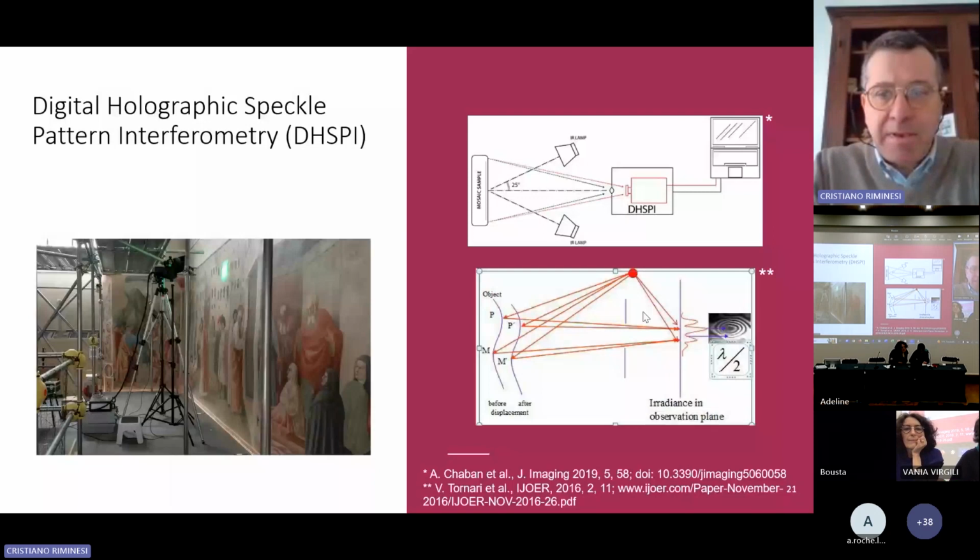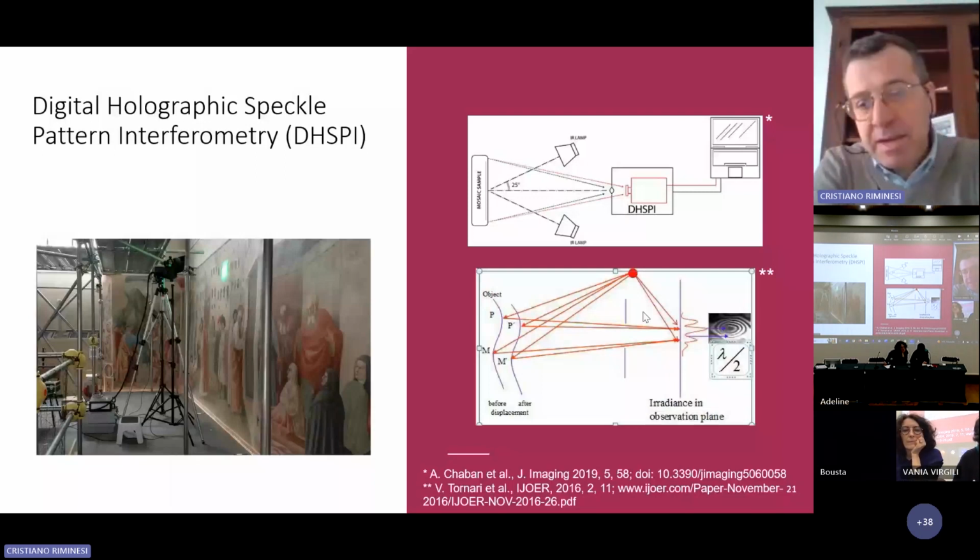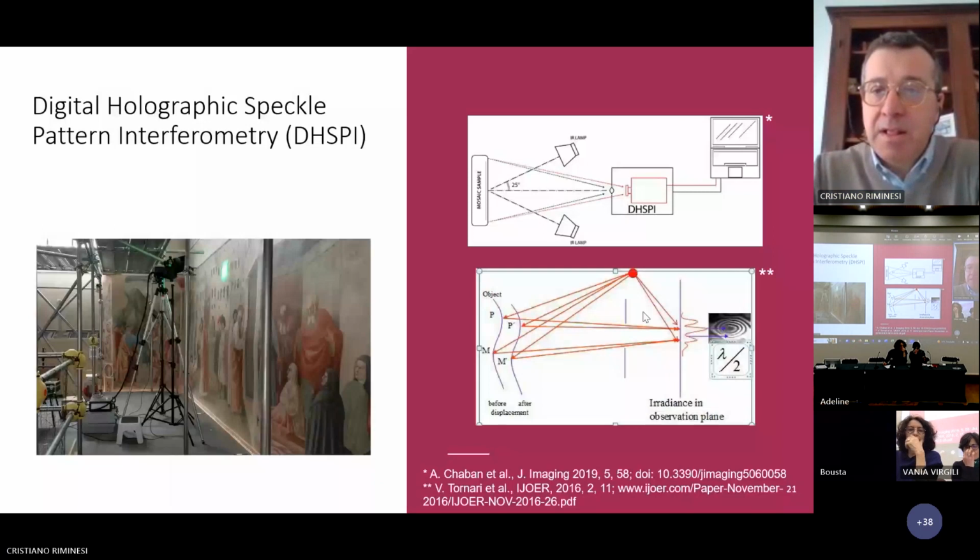By laser ray, we can find the movement of the plaster when it is excited by a source of heat. This is the IR lamp to induce heating on the surface.